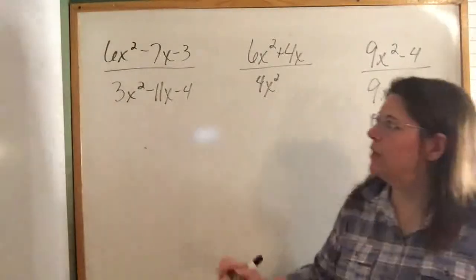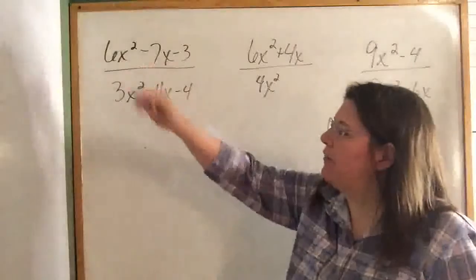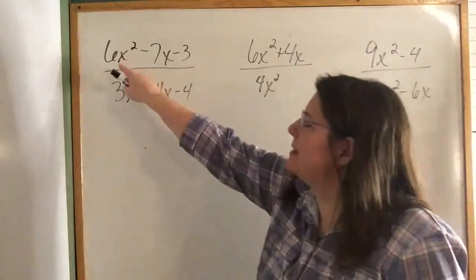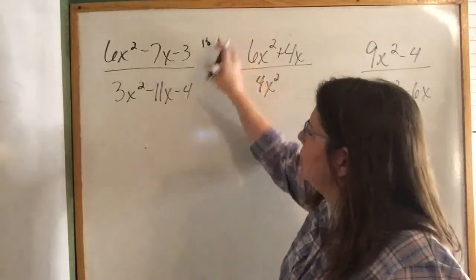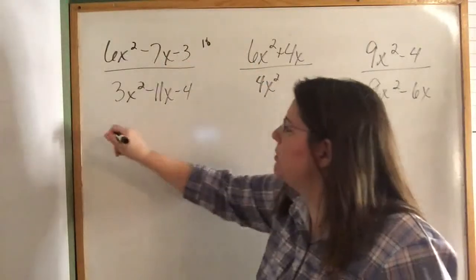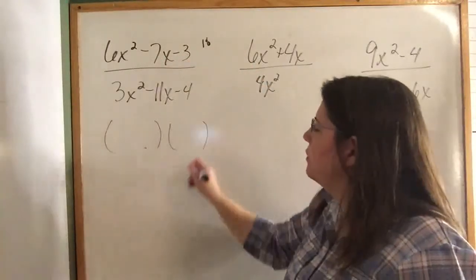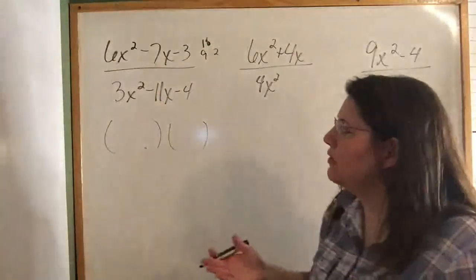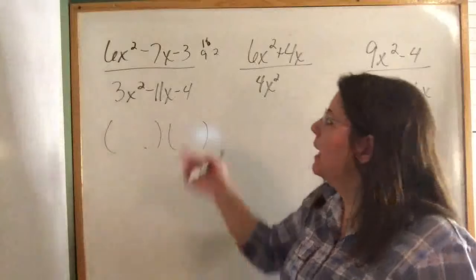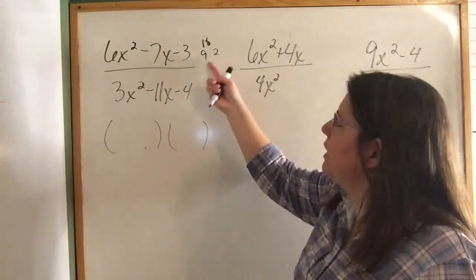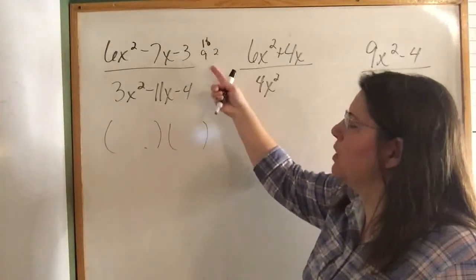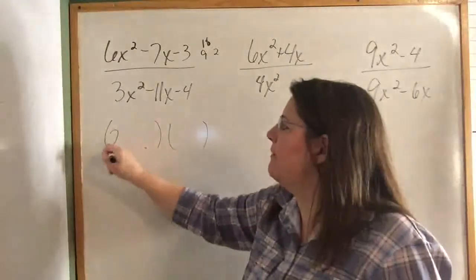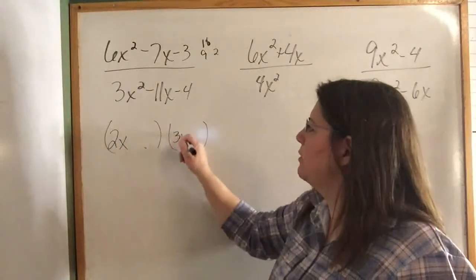Here I have 3 more examples. In this one, I'm going to try to factor the top and the bottom. 6 times 3 is 18. Factors of 18 that subtract to give you 7 would be 9 and 2. So I need to make a 9 and a 2 out of the 6. The factors of 6 are 1 and 6, 2 and 3. 1 and 6, 1 goes into both of those, but 6 doesn't go into either one. So you can't use 1 and 6, so that means I'm going to have to use 2 and 3, 2x and 3x.